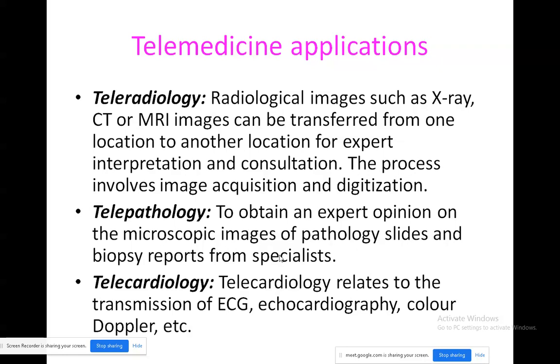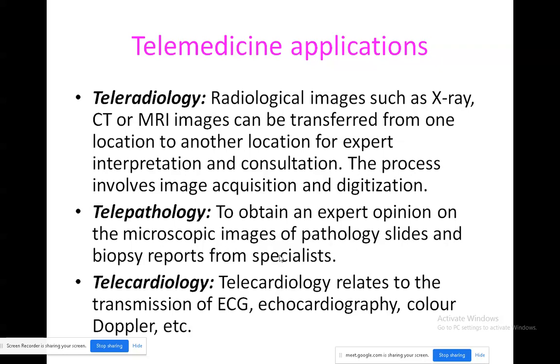Now you may be consulting a general doctor. On seeing your report, the CT scan report, MRI scan or X-ray scan report, he may say that he will discuss with the specialist and tell you the result, what we can do as further treatment.